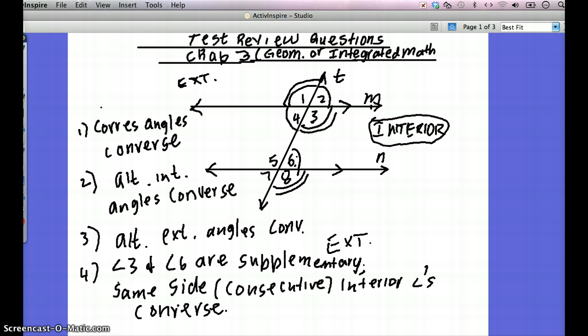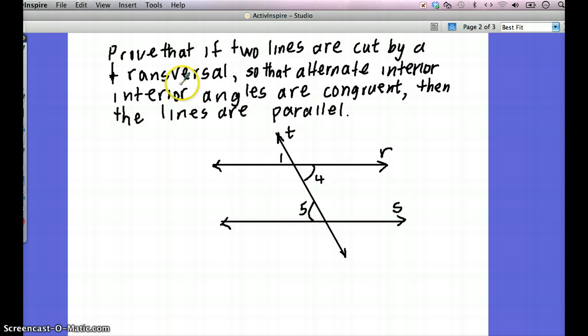On the next page, I'm going to take you into proving a theorem. This one is fairly easy. I know some people are leery of proofs and they don't like proofs, but they can be very, very easy, and I'm sure you're getting to see that right now. Now here's what we're going to prove: that if two lines are cut by a transversal so that alternate interior angles are congruent, specifically here angles 4 and 5, then the lines are parallel.